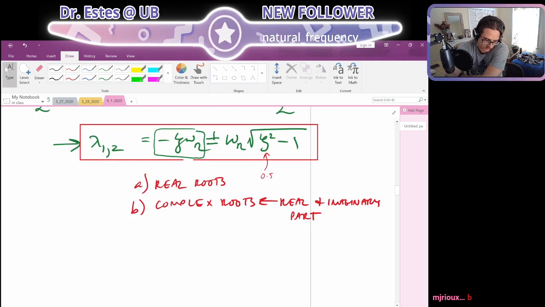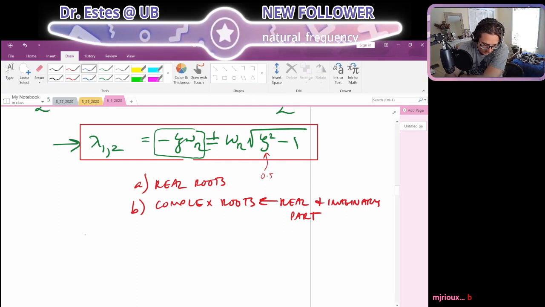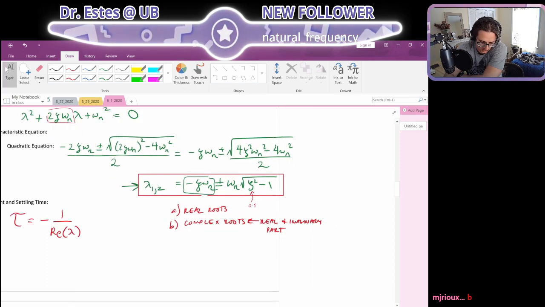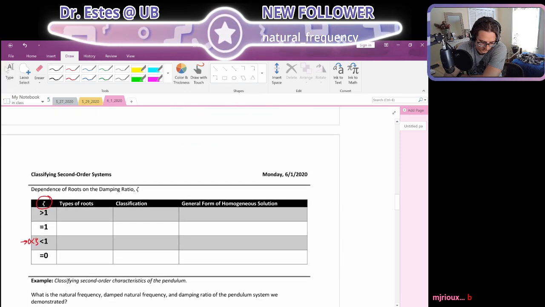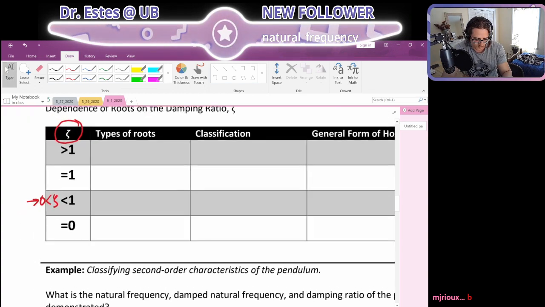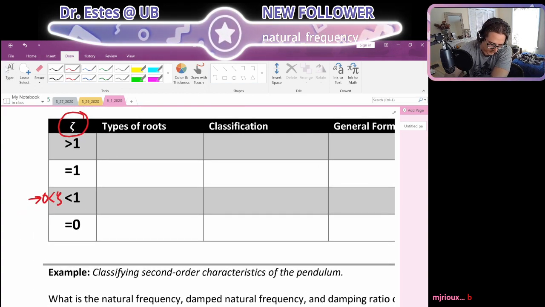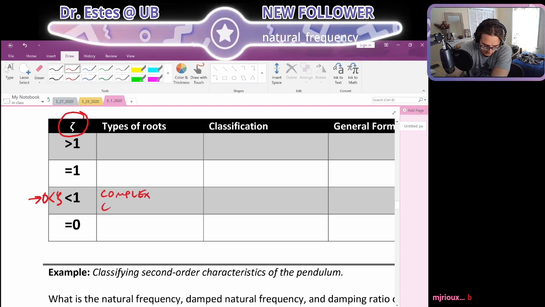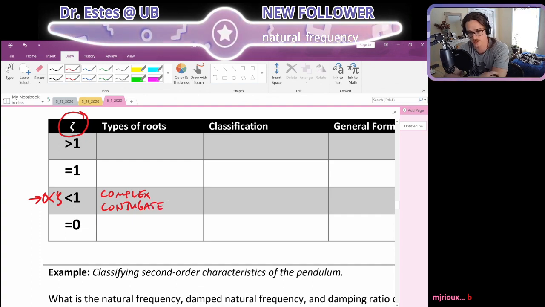So, let's go back to the table. You're going to get complex conjugate roots.